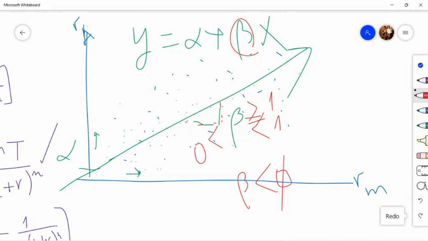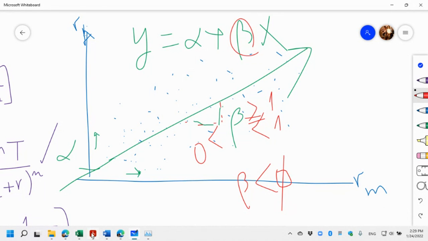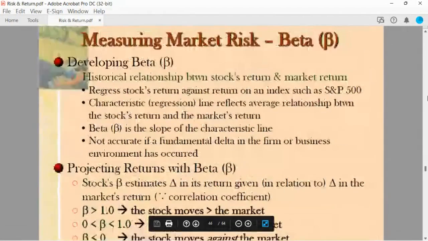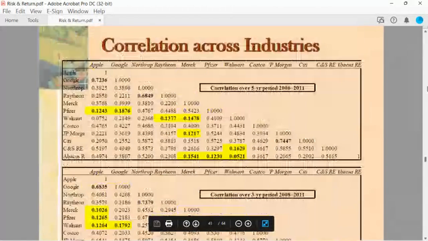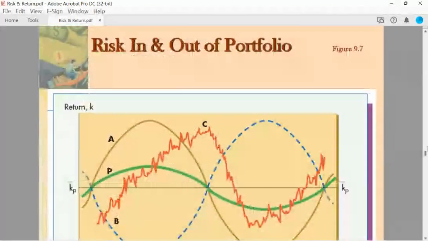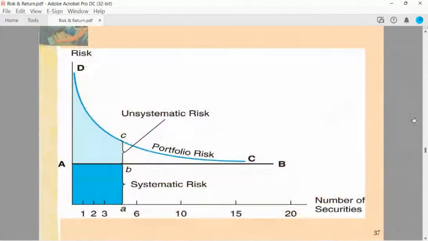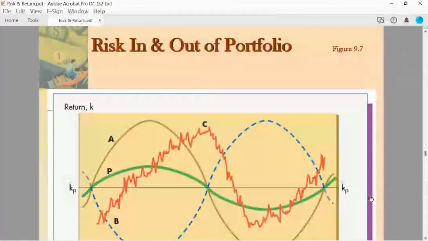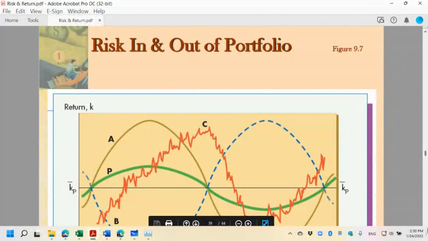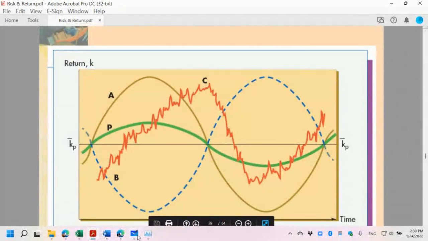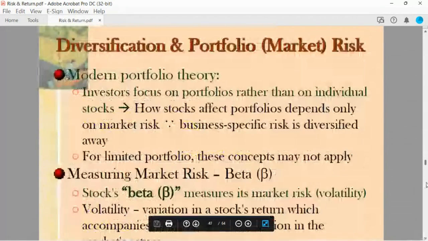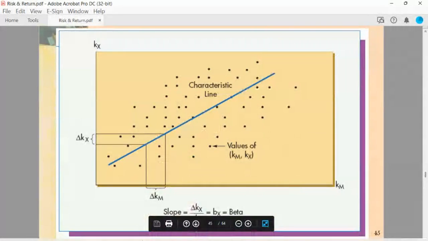So if beta is negative, that means negative correlation. If beta is -1, they move in perfectly opposite direction, like A and B here. They move in opposite direction, right?